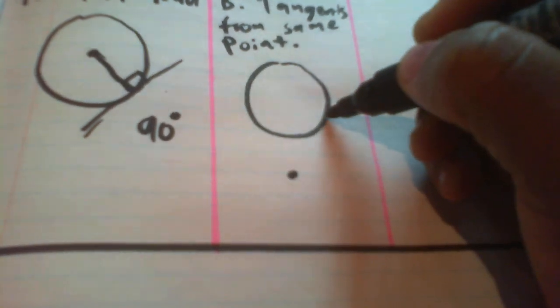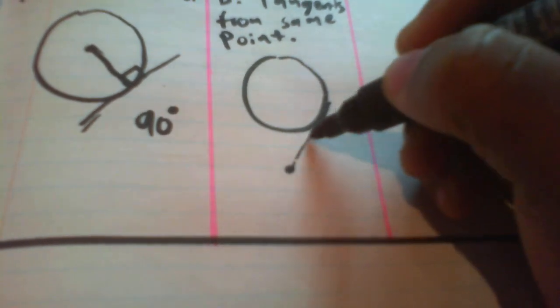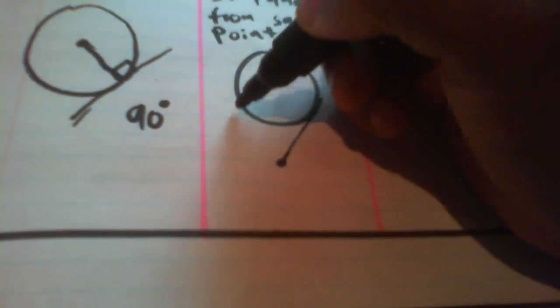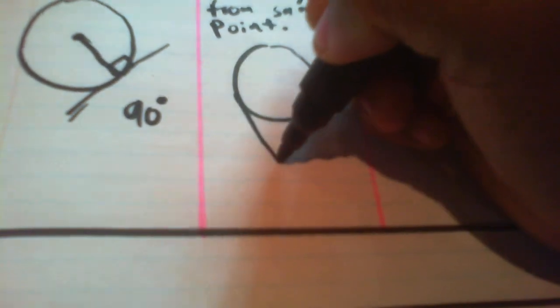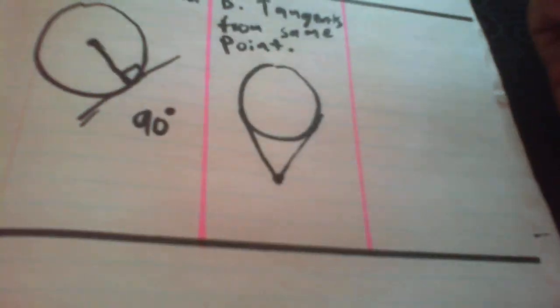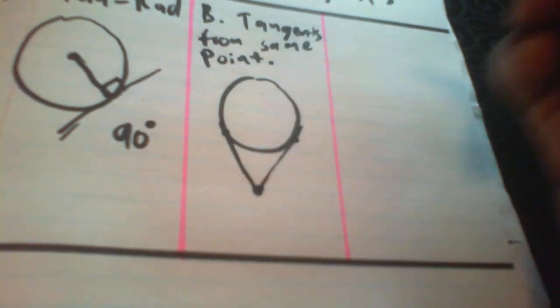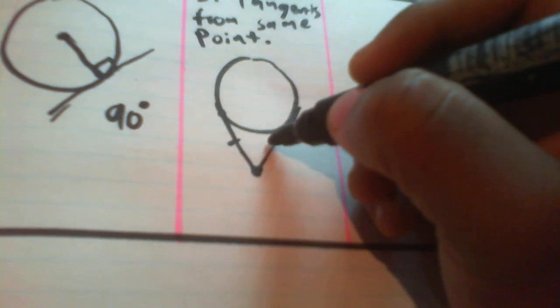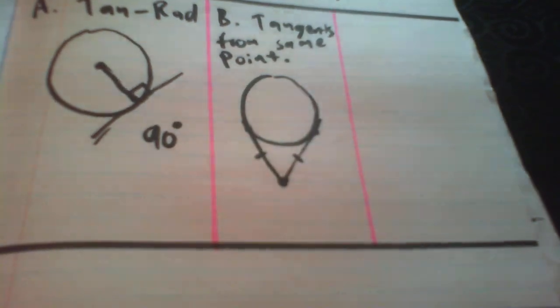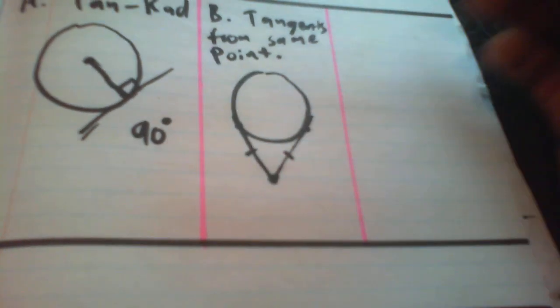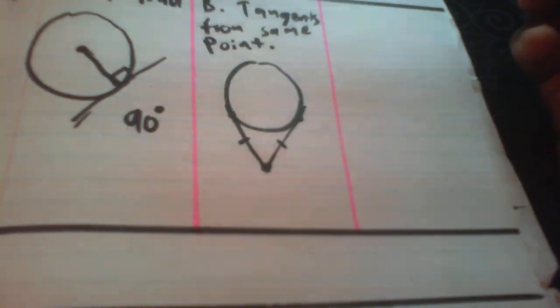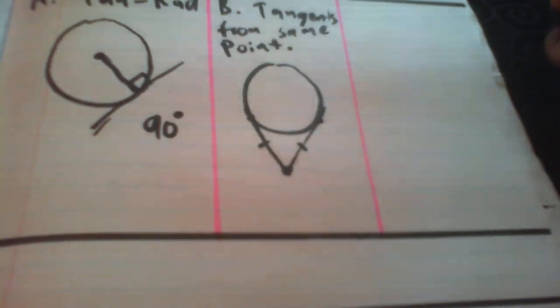You draw a tangent from that point to the circle. You draw another tangent from that point to the circle. So that is the point of contact. That is the point of contact. Those lines are going to be equal. So tangents from the same point are equal. You can prove this using congruency.